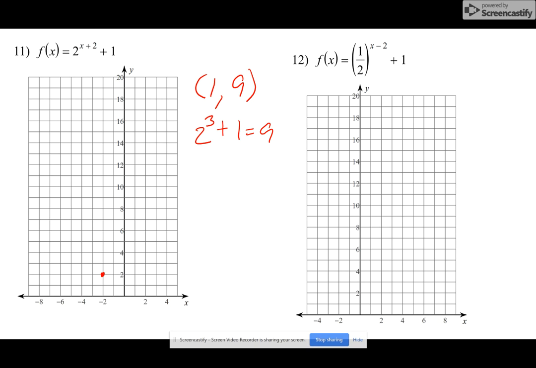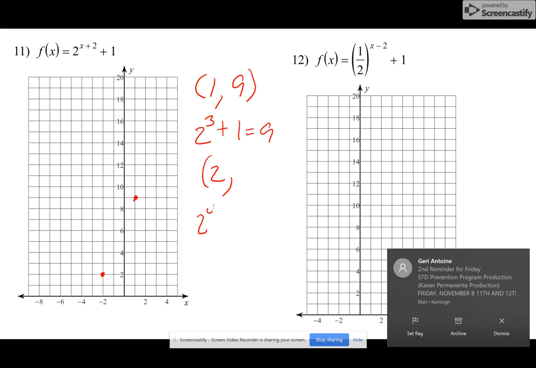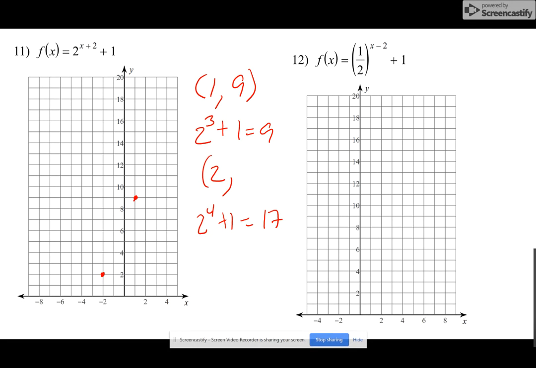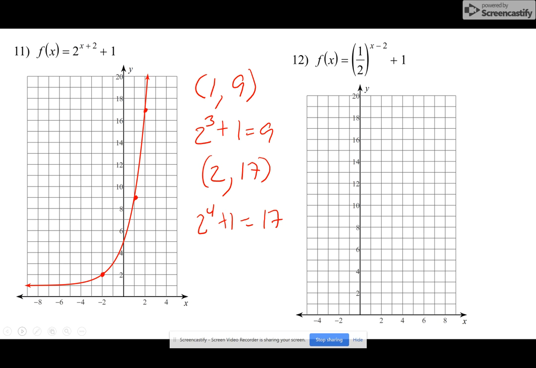So my y value is 9. That gives me this point. What if I said x equals 2? I'm looking at this as 2 to the 4th plus 1, which is 17. I think I have enough for my line.